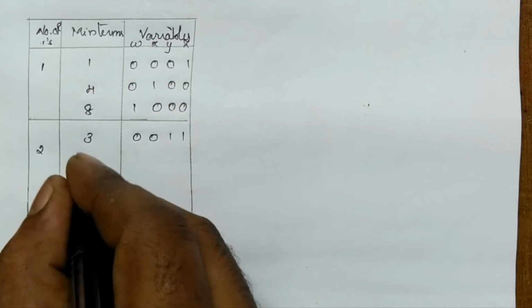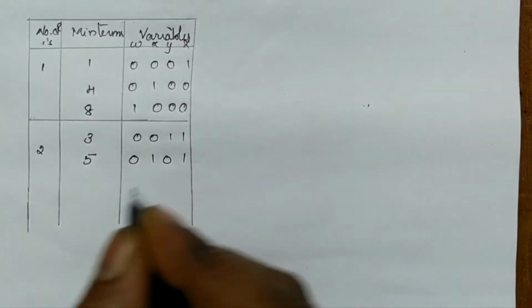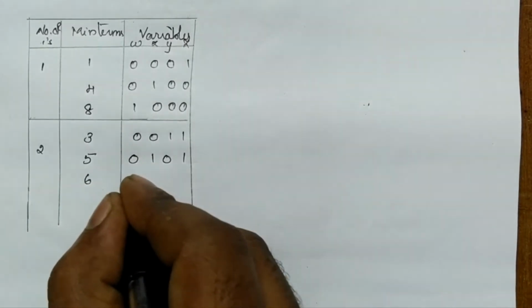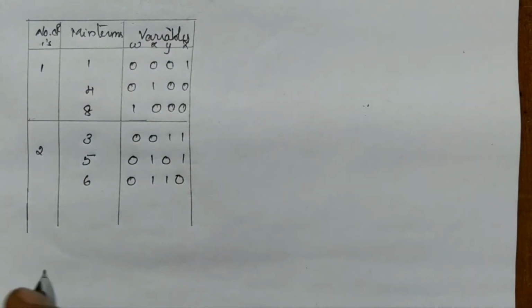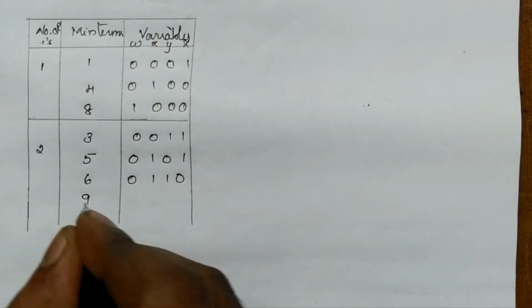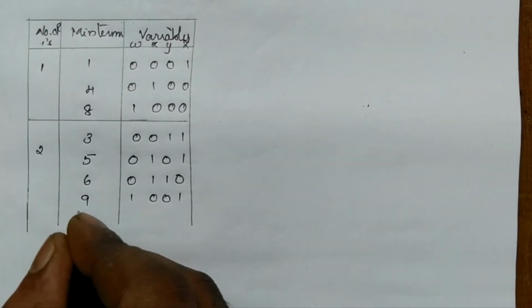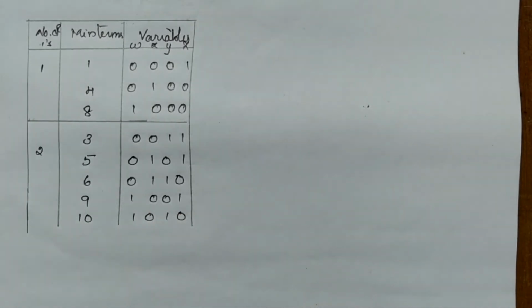Then 5, 0 1 0 1, then 6, 0 1 1 0, then 9, 1 0 0 1, then 10, 1 0 1 0.